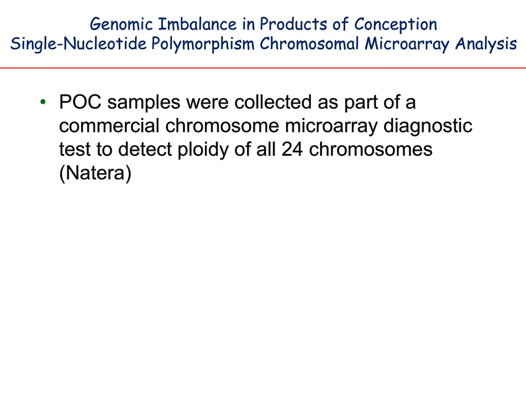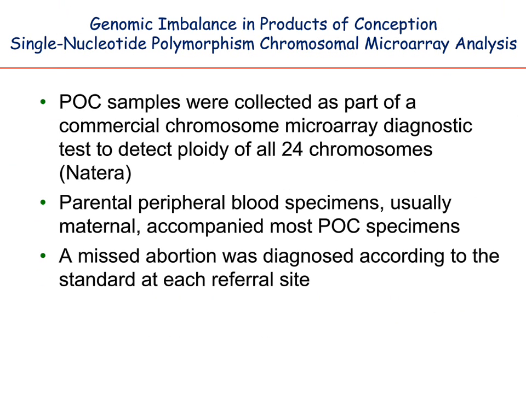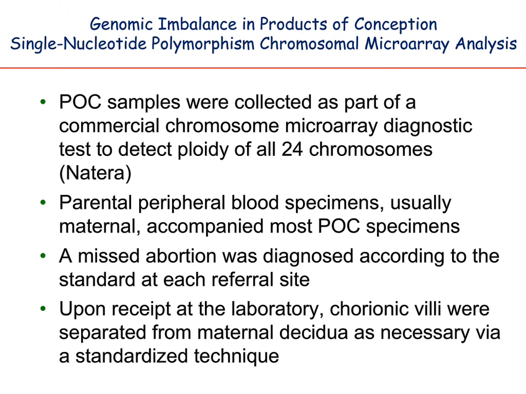This was done by the Natera group as part of their commercial test. Parental peripheral blood specimens, usually maternal, accompanied most POC specimens. A missed abortion was diagnosed according to the standard at each referral site. And upon receipt at the laboratory, the villi was separated from maternal decidua as necessary via a standardized technique.